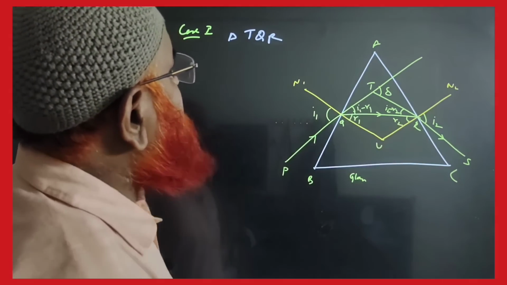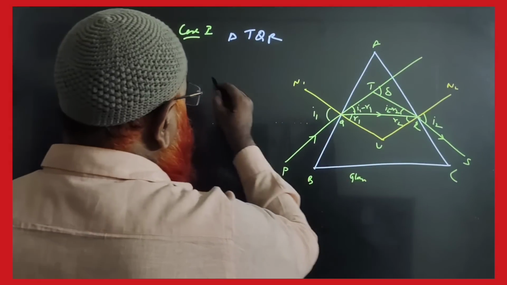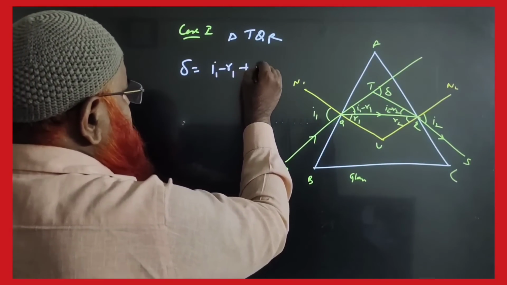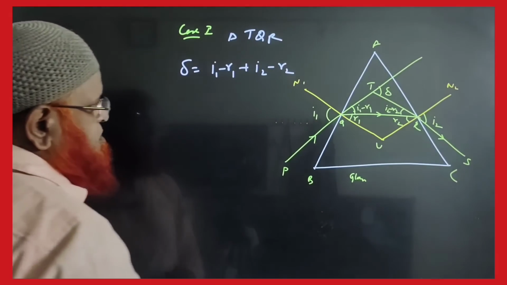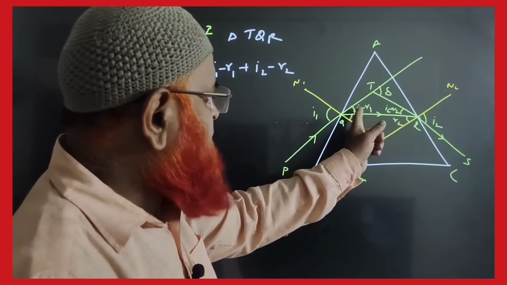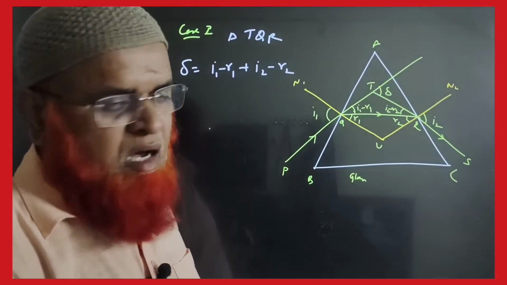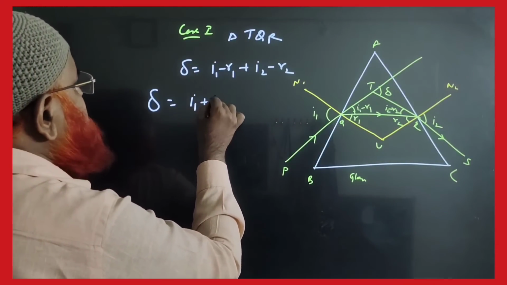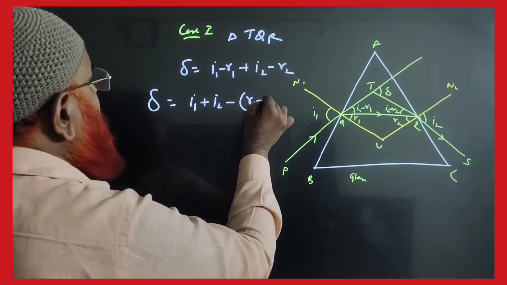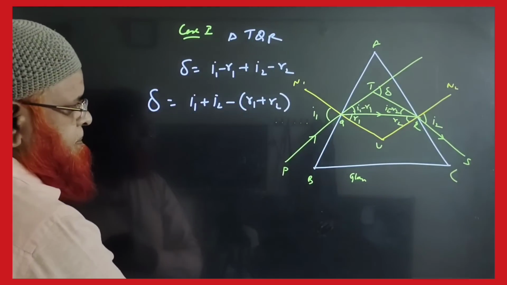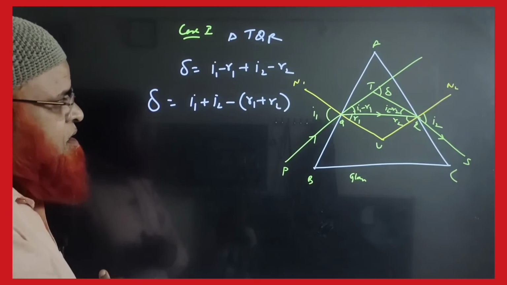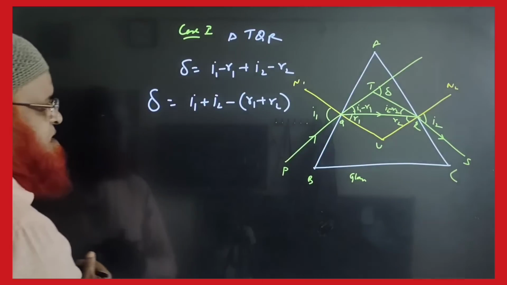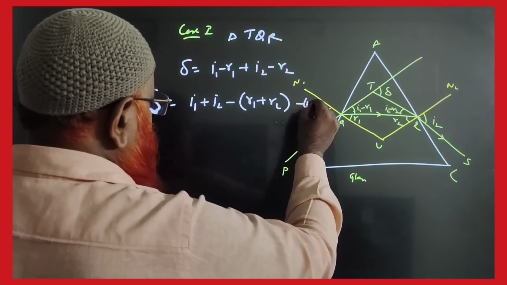In triangle TQR, the exterior angle delta is equal to I1 minus R1 plus I2 minus R2. So delta is equal to I1 plus I2 minus, taking common, R1 plus R2. That is taken as delta here. What is the meaning of delta? Deviation. Let us take this as equation number 1.